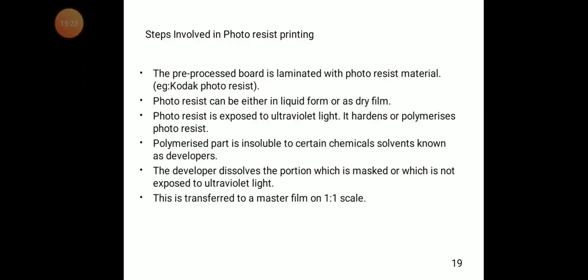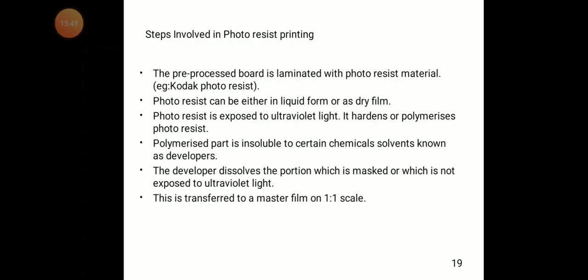The pre-processed board is laminated with photoresist material. Example is the Kodak photoresist. Photoresist can be either in liquid form or as dry film. Photoresist is exposed to ultraviolet light.